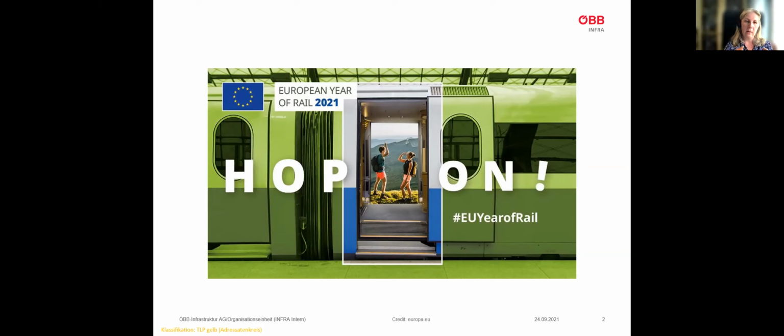And ÖBB, the Austrian Federal Railways, is Austria's largest mobility provider, covering passenger transport, freight transport, and infrastructure management. And we at ÖBB Infrastructure Company, as the infrastructure manager, are planning, building, and operating the Austrian railway network. So our focus is to provide this network to our customers, which are the various railway undertakings, with highest availability.